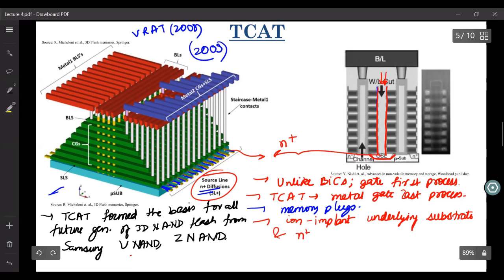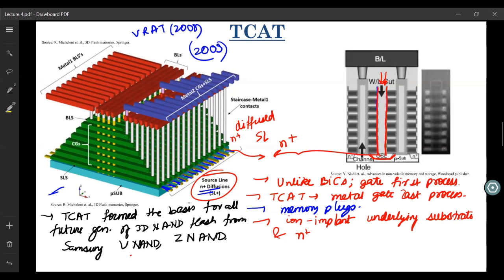And this N+ region is nothing but your source line. Not a common source line, but your diffused source line. This is how they generate this N+ diffused source line.